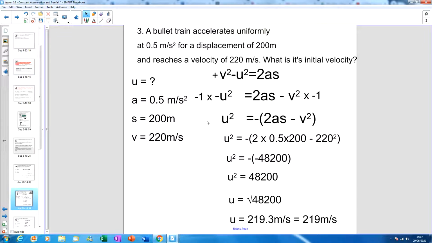So a good trick that, so if you want to change a positive to a negative or a negative to a positive, just times both sides by -1. Then you put your numbers in. So a was 0.5, s was 200, and v was 220.